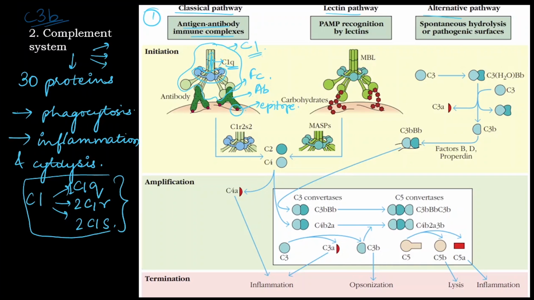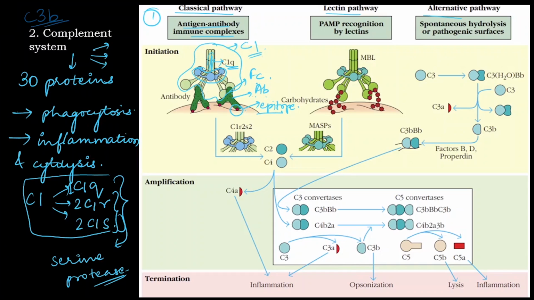Now C1r and C1s are actually serine proteases. I will not go into much detail now, I will just tell you in short. When the antibody interacts with the epitope, there is a conformational change in the Fc region, and that exposes the binding site for the C1 molecule.